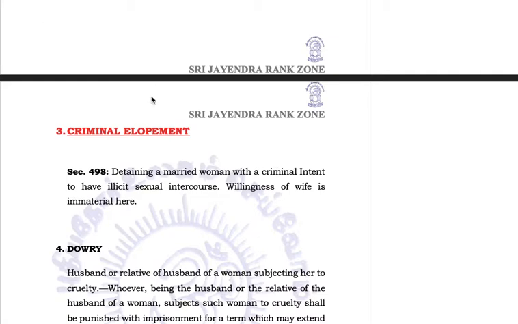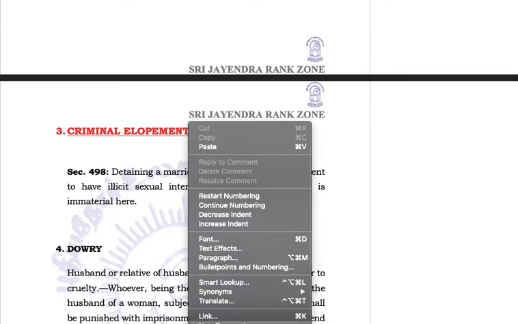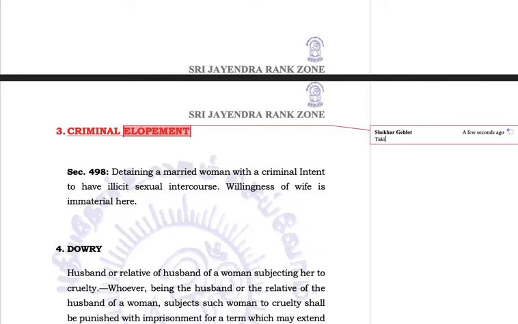Criminal elopement. Okay, elopement means taking away. Criminal means with bad intention. Section 498 says detaining a married woman with a criminal intent to have illicit sexual intercourse, willingness of wife is immaterial.